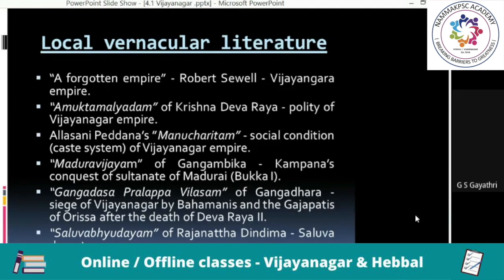And then comes our Rajanatha Dindima's Salva Bhyudayam. It's a brief description of our Salva Dynasty. Salva Dynasty's work it is. So through these many works, we get to know about what kind of a kingdom existed under our Vijayanagar Empire.